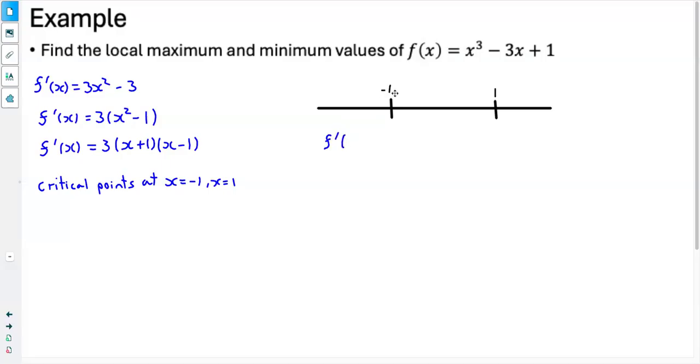To the left of this point, I might do f prime of negative 2. That would be 3 times negative 2 squared minus 3, which gives us 9. So that's positive, so I will just put a positive here.